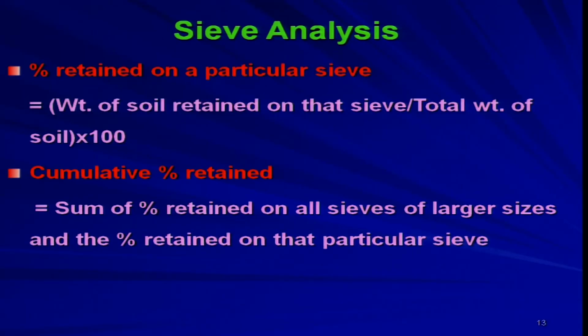Similarly, you need to calculate the cumulative percentage retained. Now, what does it mean? It is the sum of percentage retained on all sieves of larger sizes and the percentage retained on that particular sieve. If you consider any particular sieve, on top of that there are several sieves.